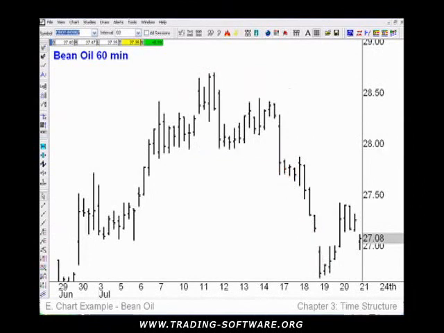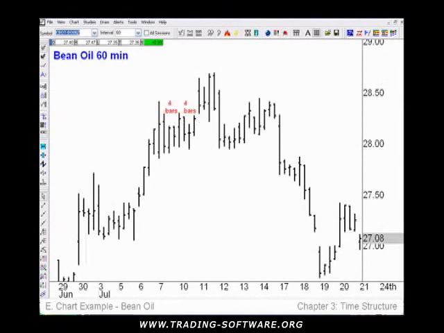Let's see how we can use time range comparisons in order to make this into a higher probability head and shoulders trade. Let's start by looking at this pivot high here. When that high got broken through, T1 is formed right here and T2 is formed right here.